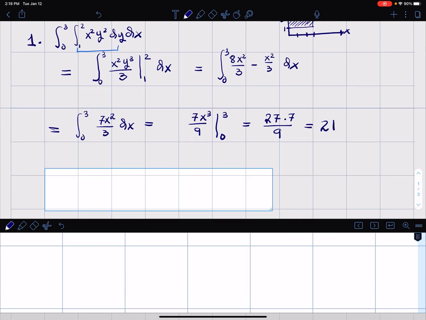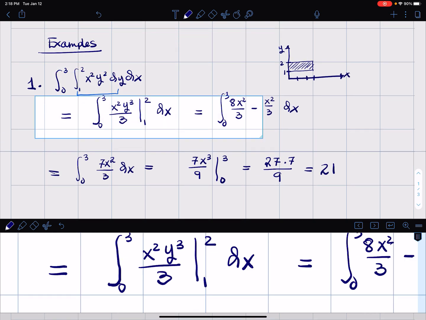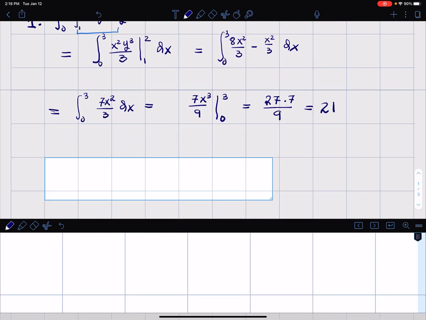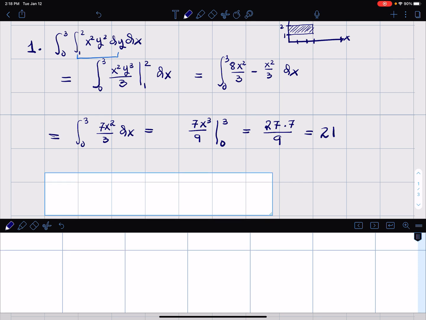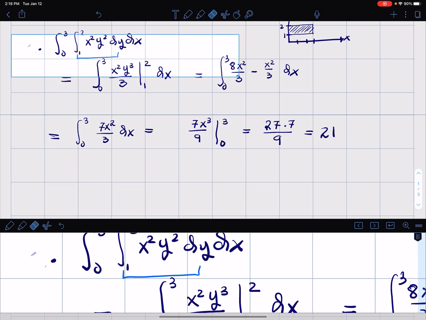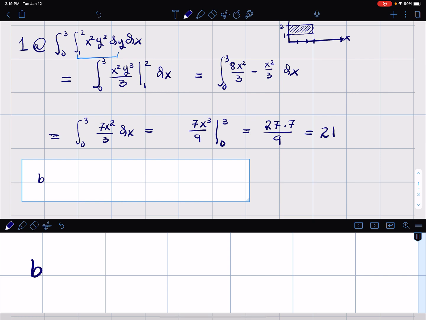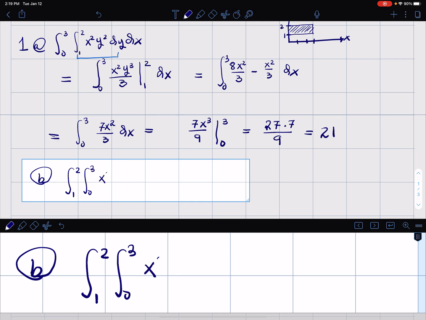Or let's try it the other way, because Fubini's Theorem tells us that it doesn't matter how we go, we're going to get the same answer. So let's call this A. Call this A. How about B? Let's assume we go from 1 to 2 and then from 0 to 3, dy dx.